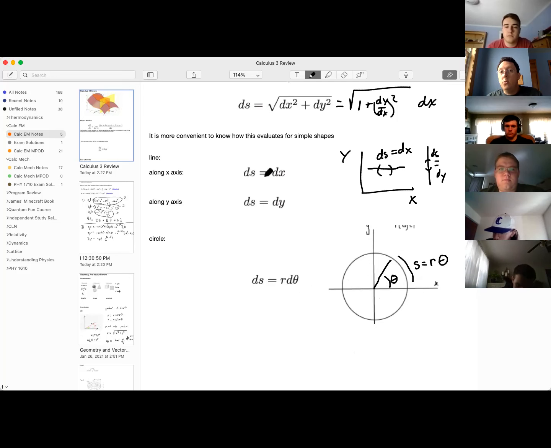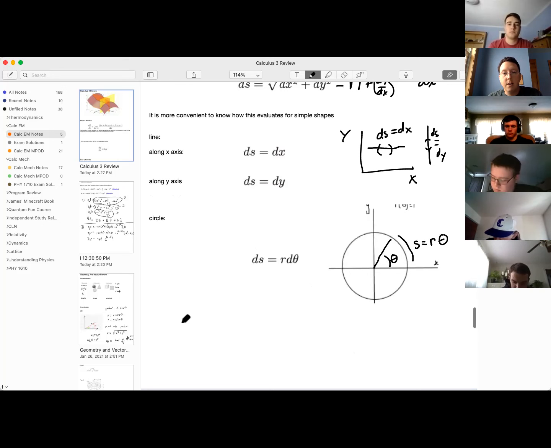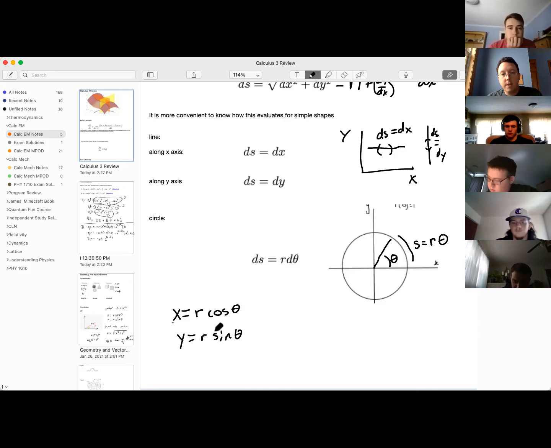Now, you can check that. Let's see where that comes from. We'll do this one right here. Let's work out: remember, x is r cos theta, y is r sine theta, and r is constant on a circle.